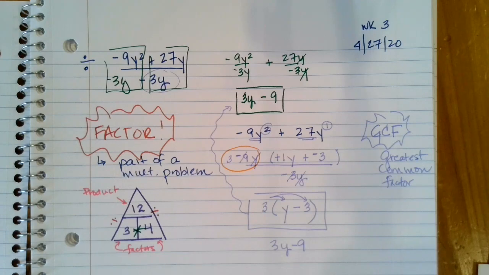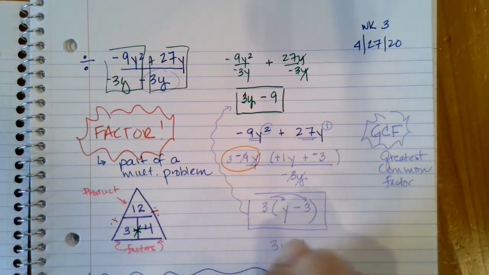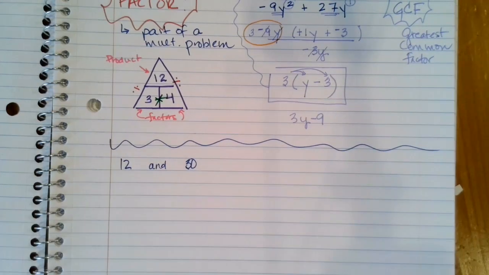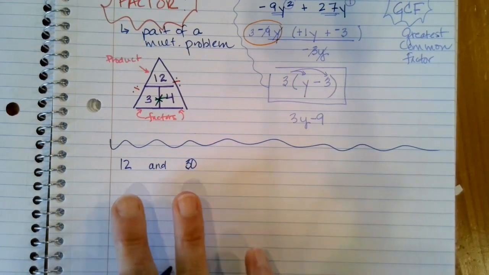So the hardest part about using the greatest common factor is sometimes knowing what the greatest common factor is of numbers. So let's go ahead and practice some. If I have two numbers like 12 and 30, would you know what is the greatest of these factors?